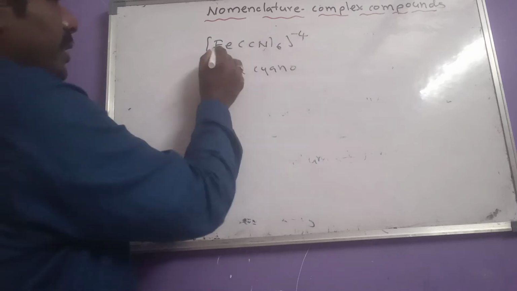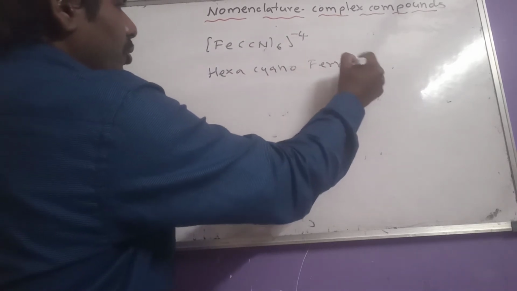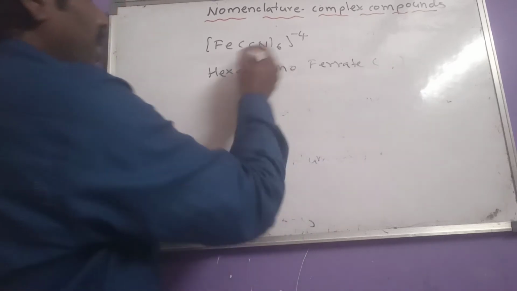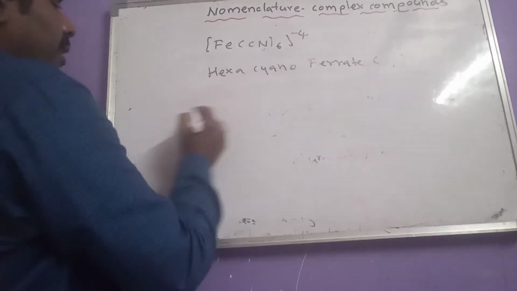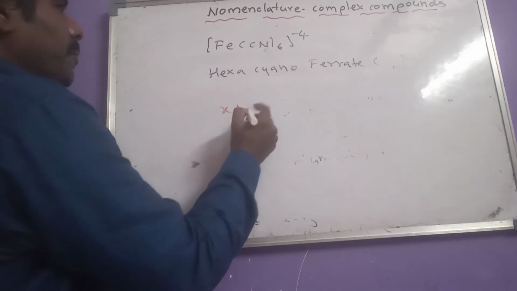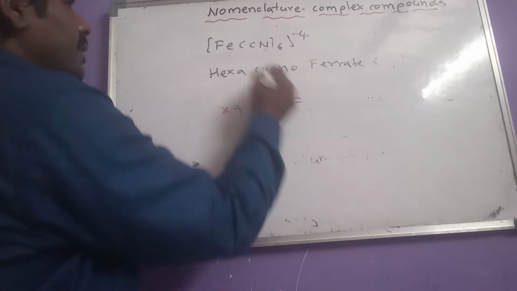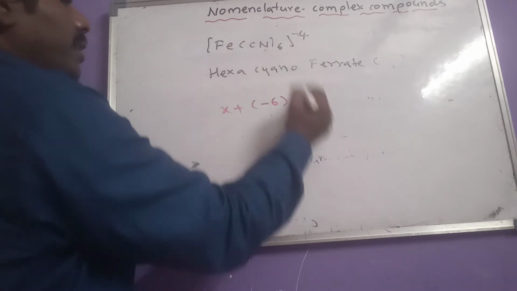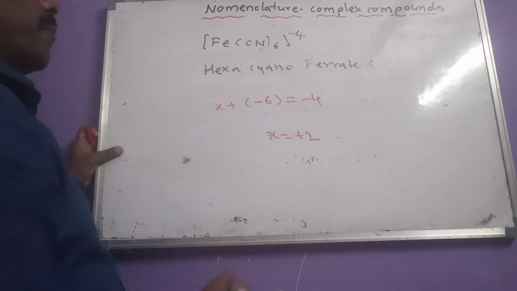We have to give hexacyano. As it is an anionic complex, the Latin name ferrate we have to use. And let us calculate the oxidation number. For iron, X plus 6 cyanides means minus 6, equal to the charge, minus 4. So we get the oxidation number plus 2.